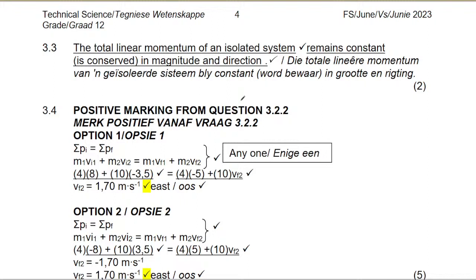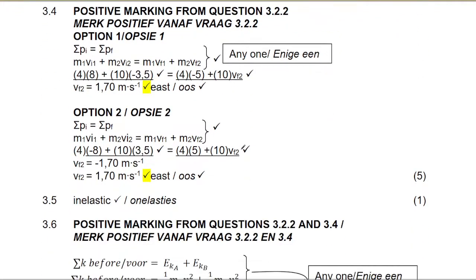So 3.4, calculate the velocity of ball B after collision. These options are only based on direction. So let's say the learner in the first one takes east as positive, meaning that west will be negative.